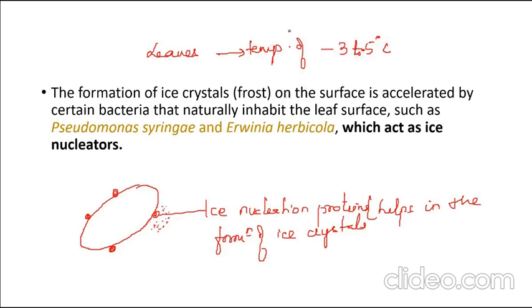So they naturally inhabit the leaf surface, and these kinds of bacteria are mainly found in the region where the snow is present. Like in the freezing temperature, these bacteria are found.